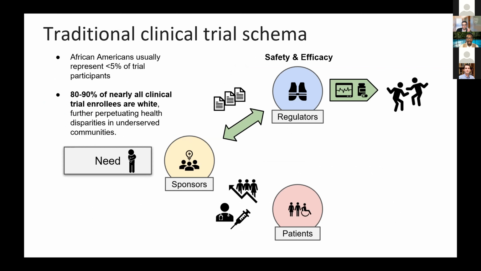This slide depicts a very high-level overview of the key stakeholders involved in conducting a clinical trial: the patients, sponsors, and the regulators. The typical flow of interaction of these stakeholders stems from an unmet need that's typically defined by researchers, scientists, and public health experts, which is then taken on by a sponsor or drug developer, and then they develop a plan informed by the FDA guidances, publications, and Code of Federal Regulations.